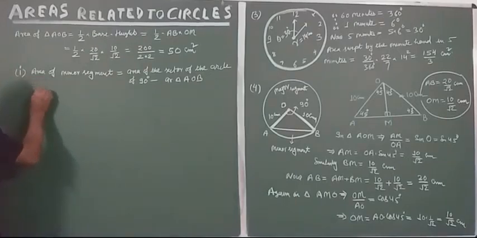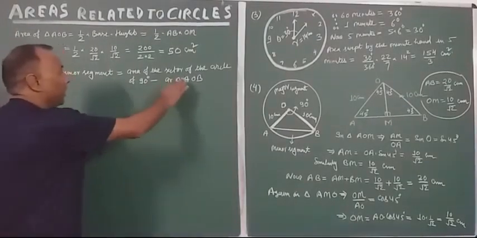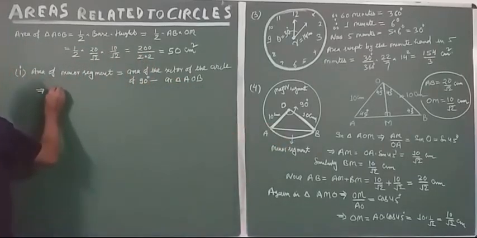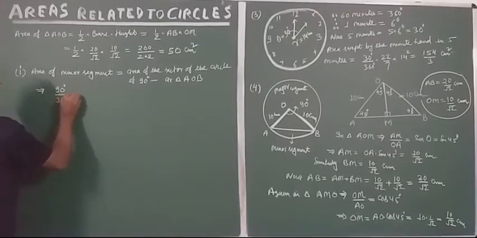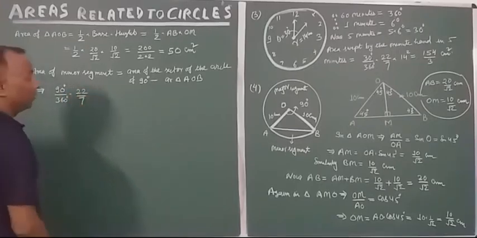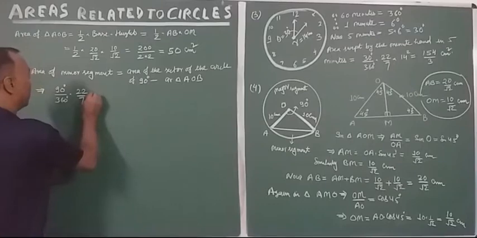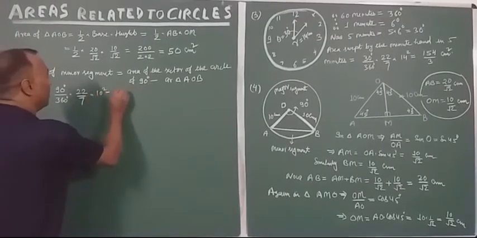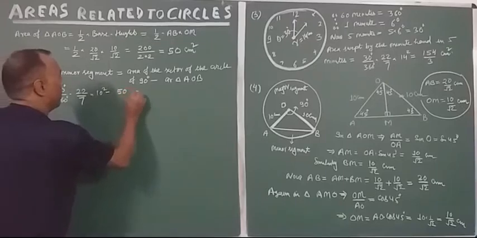Now area of the sector of the circle of 90 degree will be theta upon 360, that is 90 upon 360 into pi r square, and r is how much? 10 centimeter given. Minus area of triangle, which is 50 centimeter square.